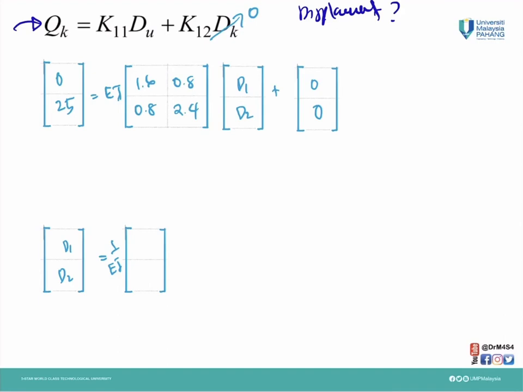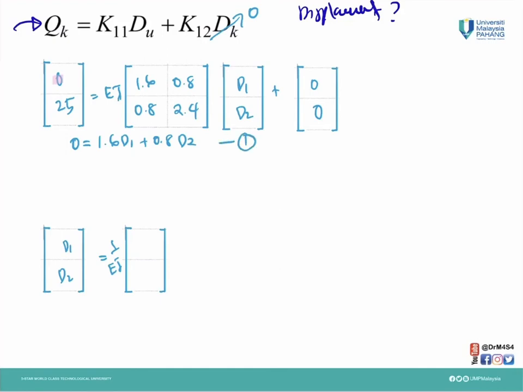In here, I'm going to show you how to expand this matrix. So for the first one, 0 equals 1.6 times D1 plus 0.8 times d2 plus 0. So this is the first equation.